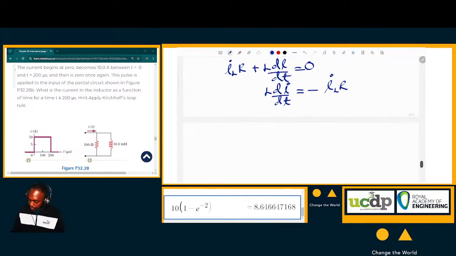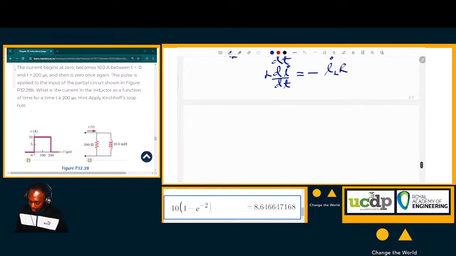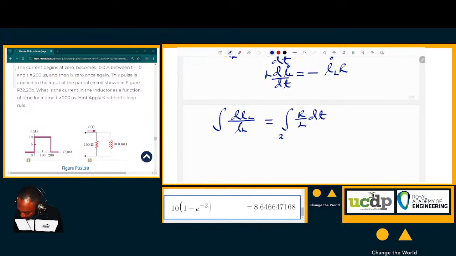Then you group the like terms again, and you have your integral of dI through the inductor over the inductor current equals the integral of R over L dt, and your current is varying. Now your current is no longer varying from 0 because you are now already at 200.